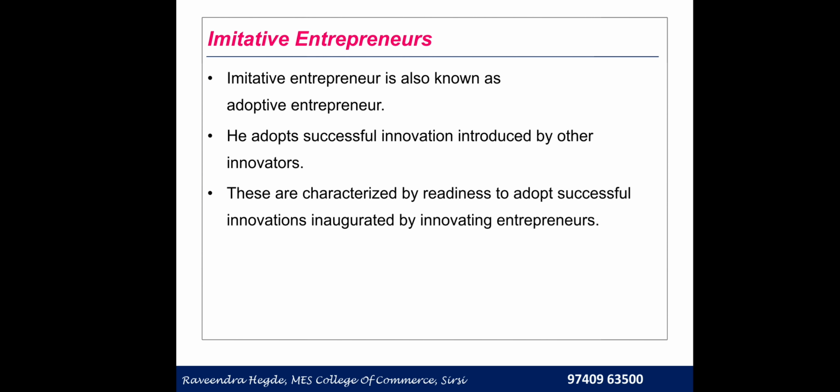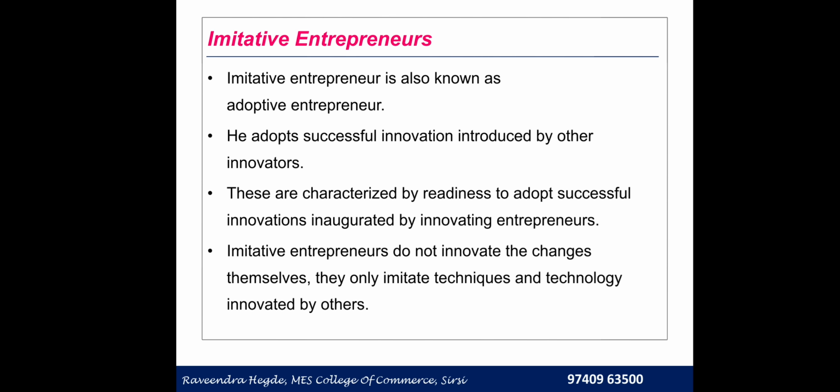These are characterized by a readiness to adopt successful innovations inaugurated by innovating entrepreneurs. They do not innovate the changes themselves, they only imitate the techniques and technology innovated by others.